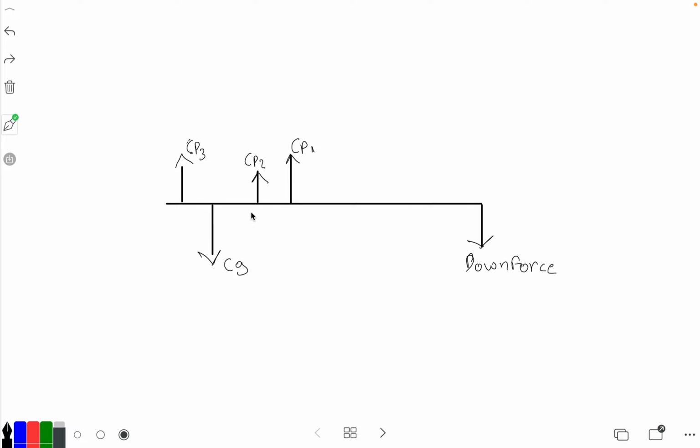This is called balance R. We have here the center of pressure, the center of gravity, and the downforce.